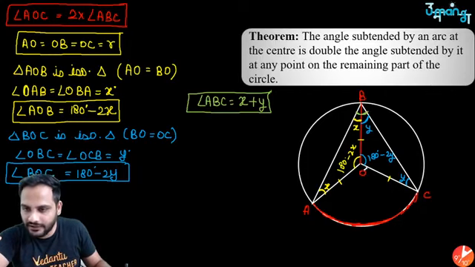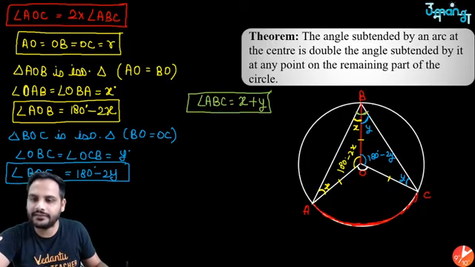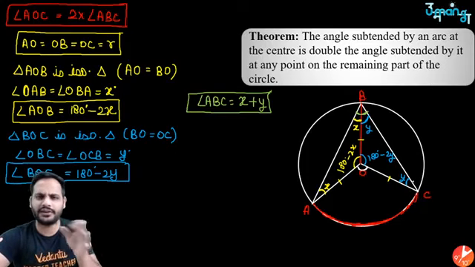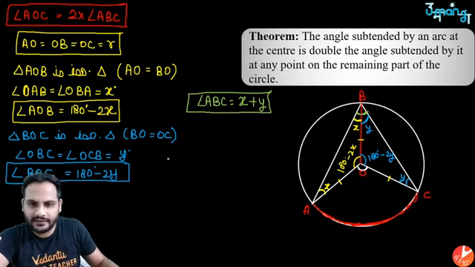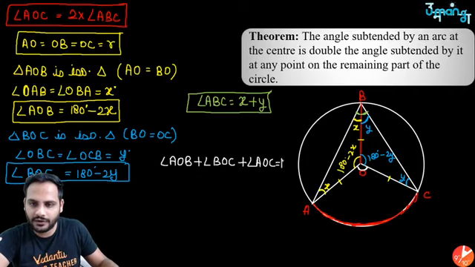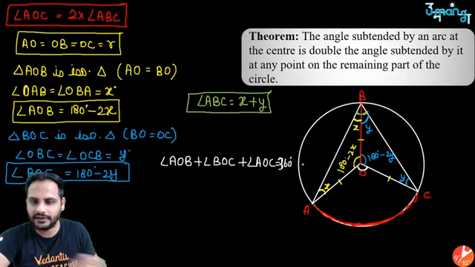To get the value of angle AOC, I can say angle AOB plus angle BOC plus angle AOC, the total complete angle it is forming, that means 360 degrees.